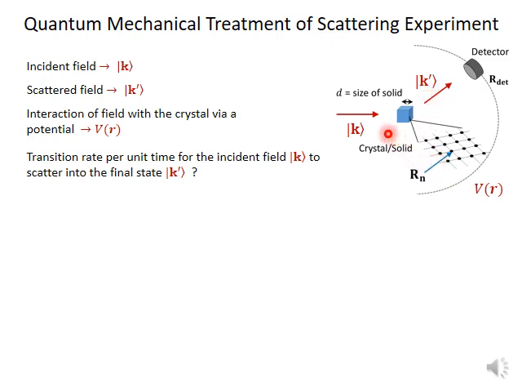To treat this problem, we make use of a time-dependent perturbation treatment of a certain Hamiltonian. Here we make use of a certain rule in time-dependent perturbative quantum mechanics, which is called the Fermi golden rule. So consider a time-dependent perturbative problem where the Hamiltonian has a stationary part, which has a major contribution, and a perturbative time-dependent part.